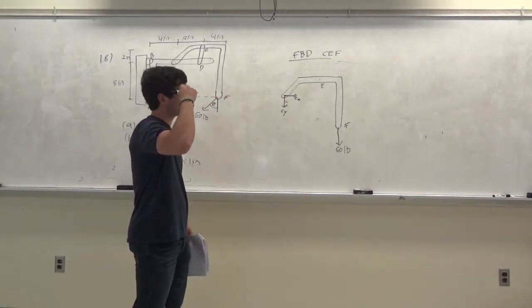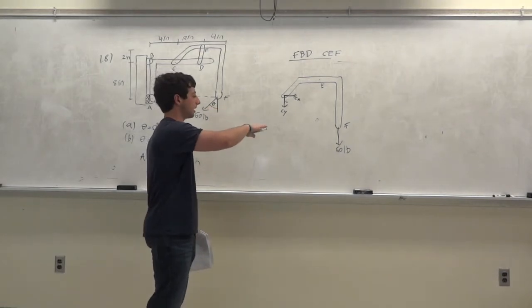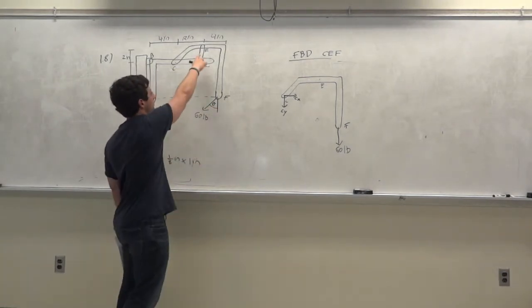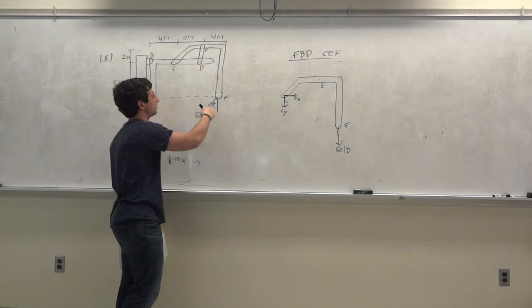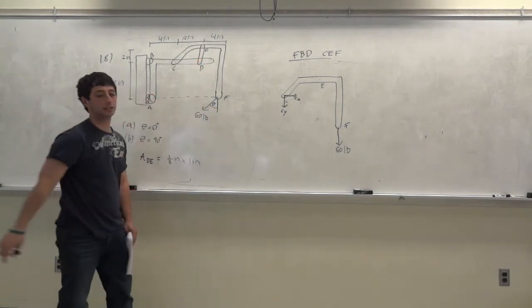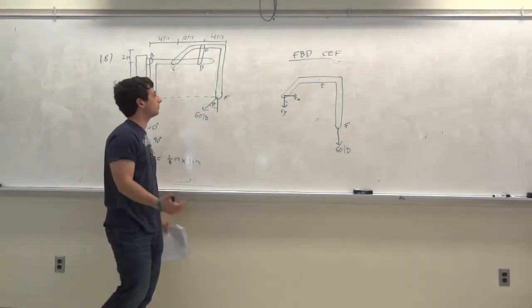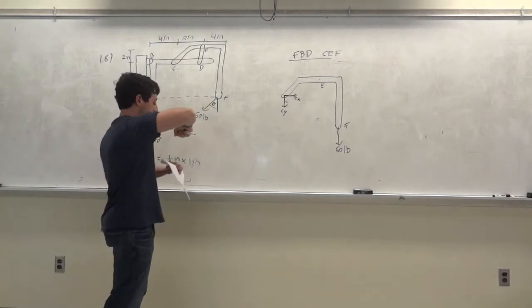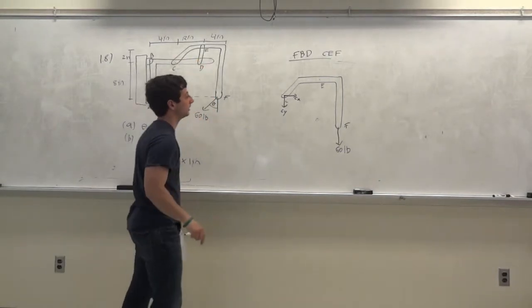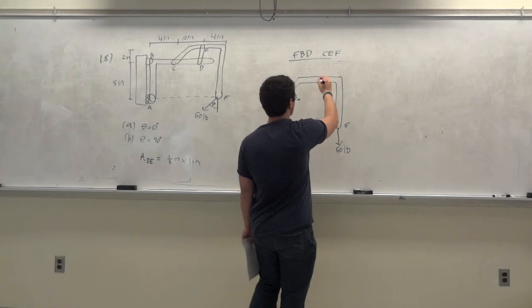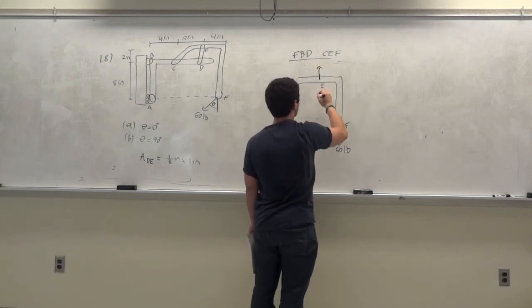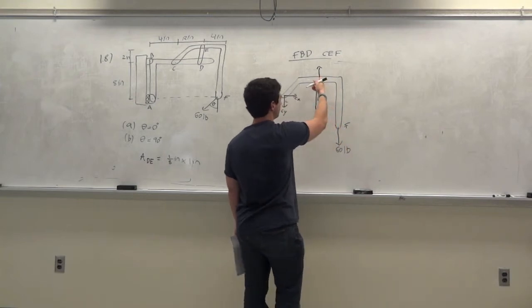First of all, before you even start labeling this free body diagram, what do you think this link is going to be if theta equals 0? Is this link going to be in tension or compression? Compression, yeah. You're pulling this thing, so this link's going to be compressed. That means this force has to be upwards, right? Because if we draw the free body diagram of the link, it's in compression, so this force has to be equal and opposite.